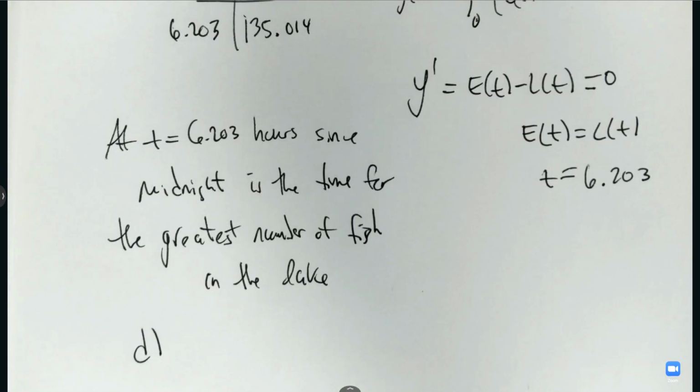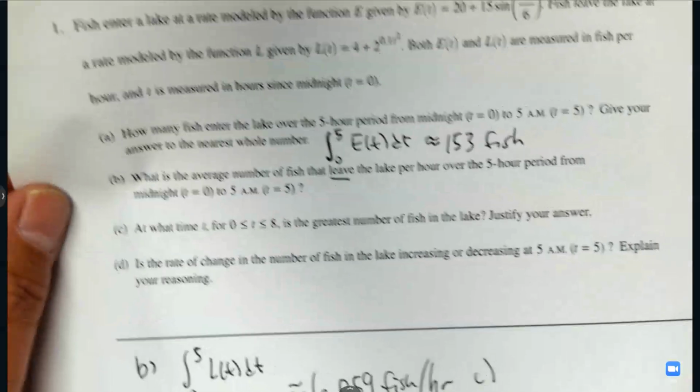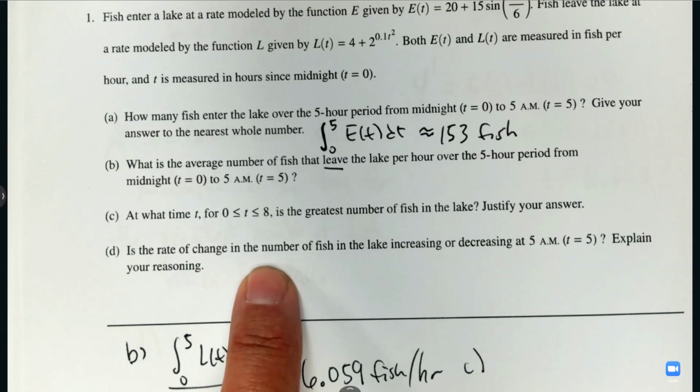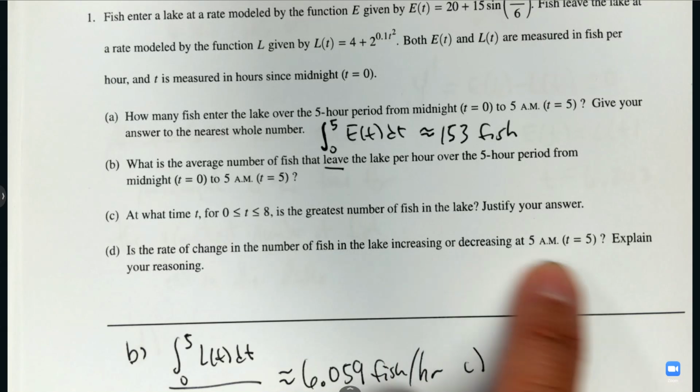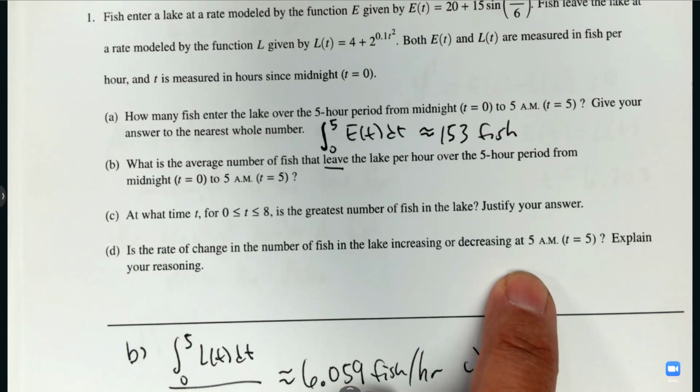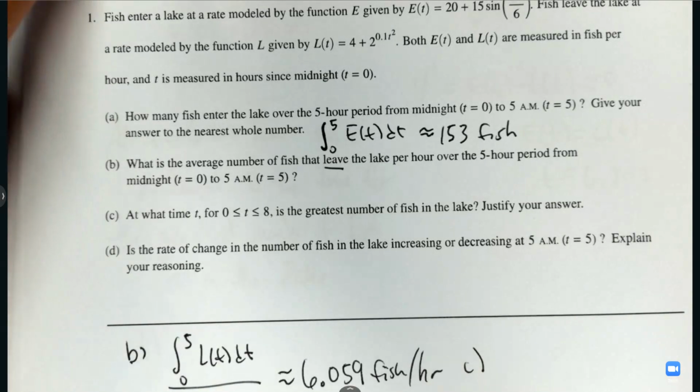All right, part D, last part, we're almost there, under 30 minutes. Is the rate of change in the number of fish in the lake increasing or decreasing at that time? So, is the rate increasing or decreasing is a derivative of a derivative.